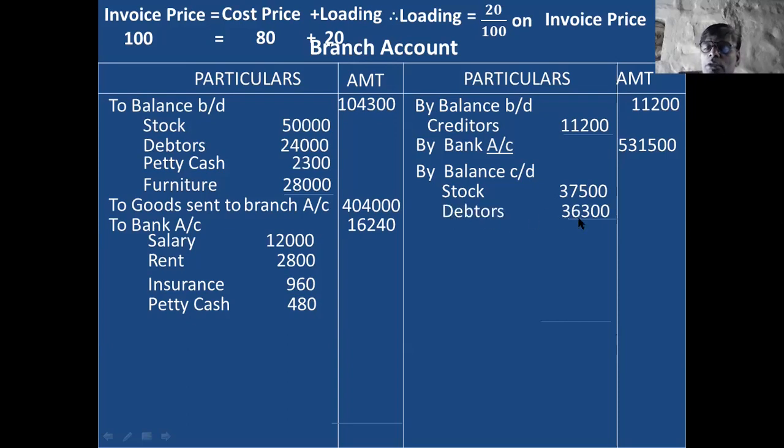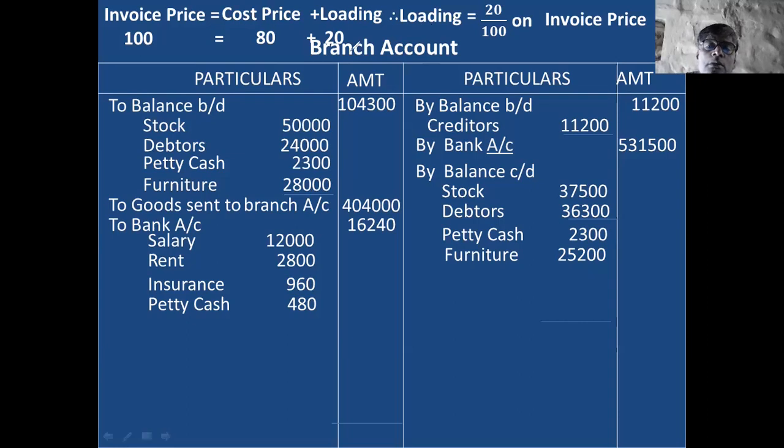Then you write the debtors. Debtors closing balance is 36,300 as per the debtors account. Then petty cash 2,300, the balance is given in the problem. Then furniture balance is 25,200. How is this 25,200? Opening balance is 28,000.